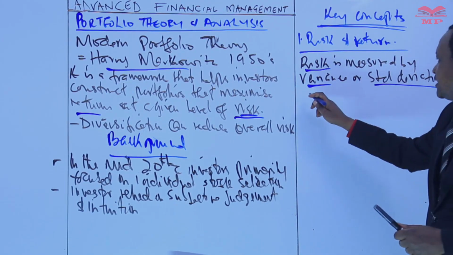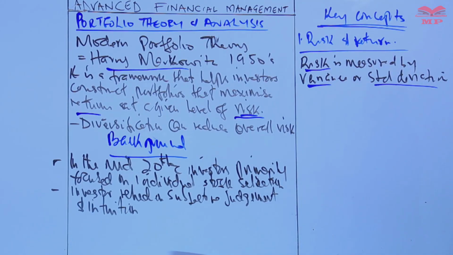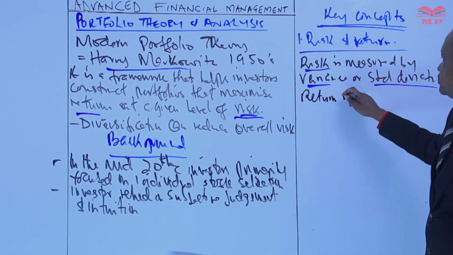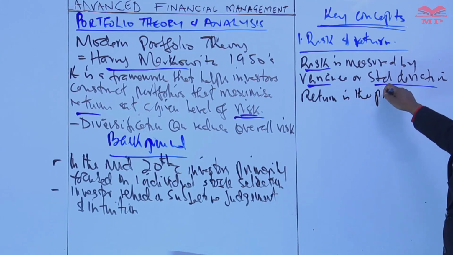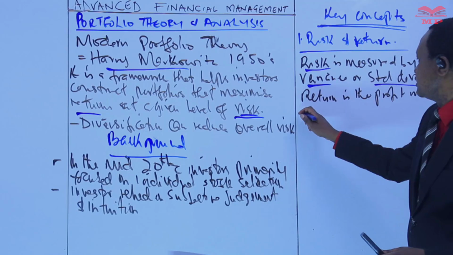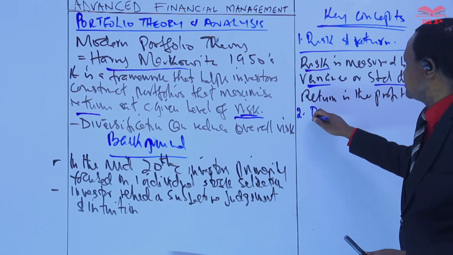And the return, candidates, is a profit or loss on investment over a specified period. The return is the profit or loss associated with the investment. The second key concept is diversification.